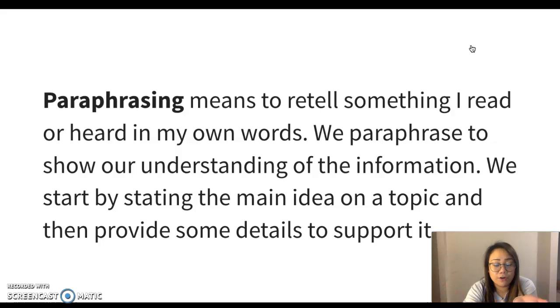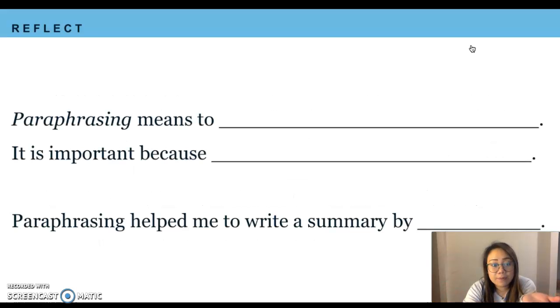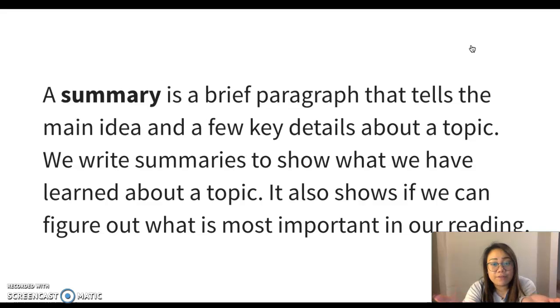It's in our own words. Whereas a summary is a brief paragraph that tells the main idea and a few key details about a topic. We write summaries to show what we have learned about a topic. It also shows if we can figure out what's the most important in our reading. Those two often get confused, but just know that a summary is a brief paragraph, and paraphrasing is in your own words.